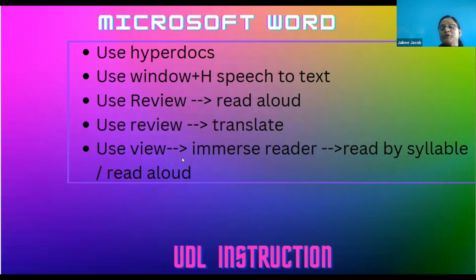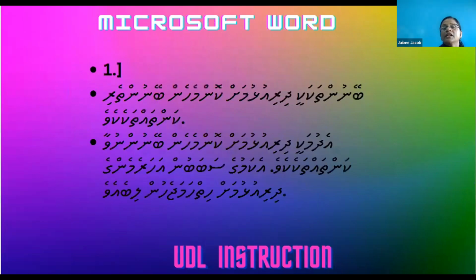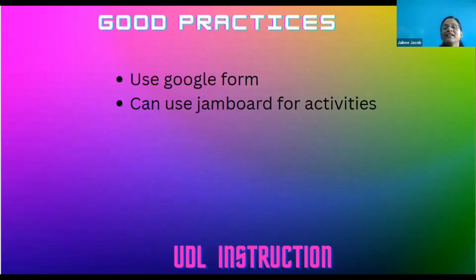Then you can even use View, Immersive Reader. It will read to you by syllable, or it can read aloud. The child will come to know where to give stress and how the word has been divided into syllables. So this is the text that I converted. I wanted to surprise her.